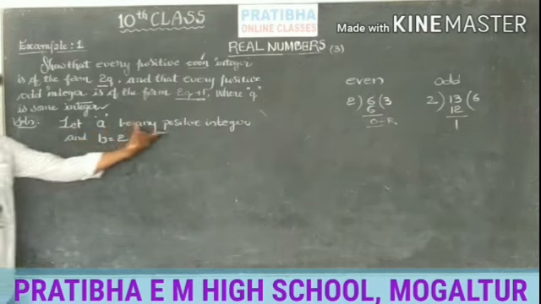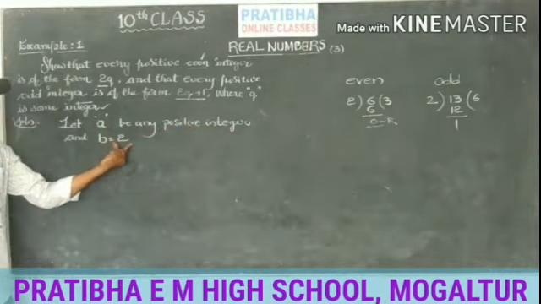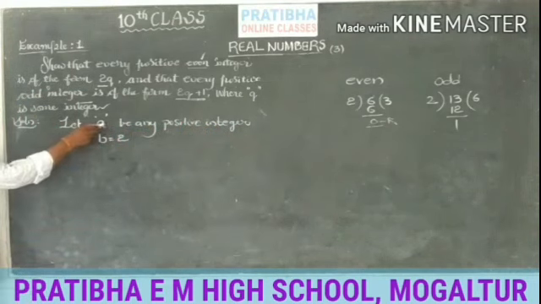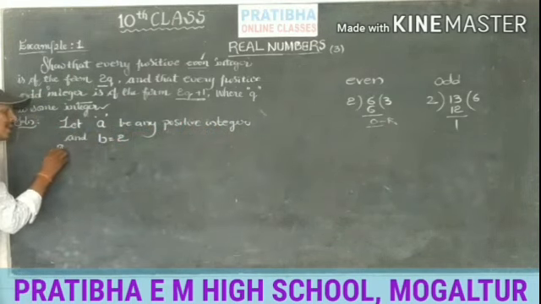Now a is any positive integer and b is also a positive integer, so by Euclid division lemma.